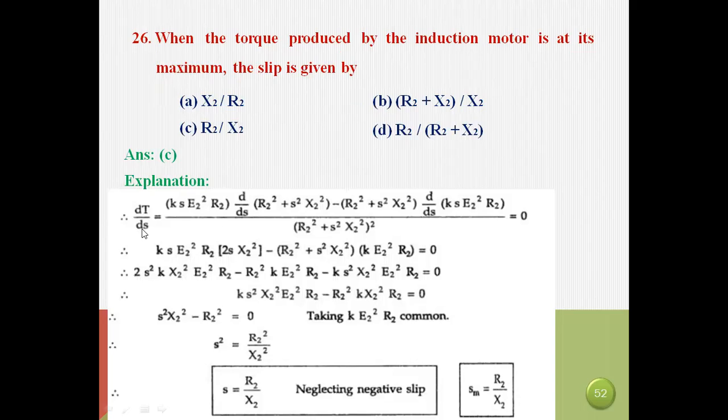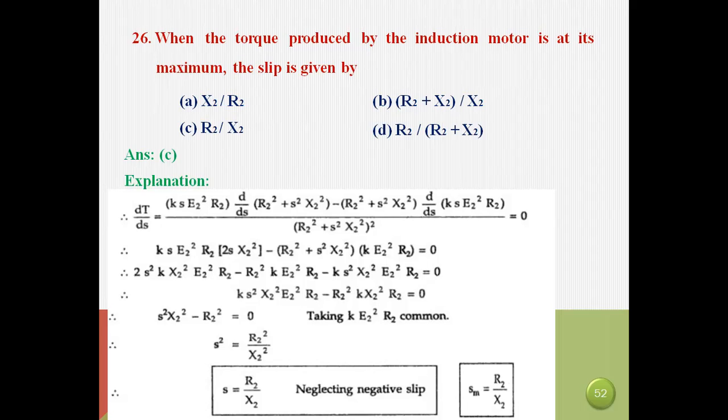We have the torque equation: K into S into R2 into E2 square upon R2 square plus S X2 square. It is in U upon V form, so you can take its derivative, and if that derivative becomes 0, you will get the maximum torque.